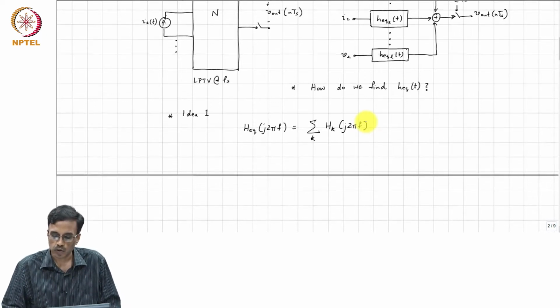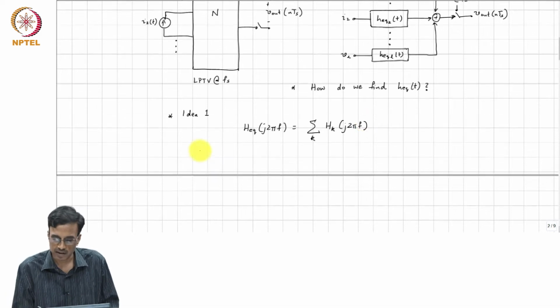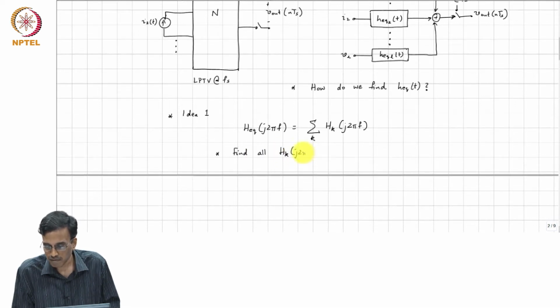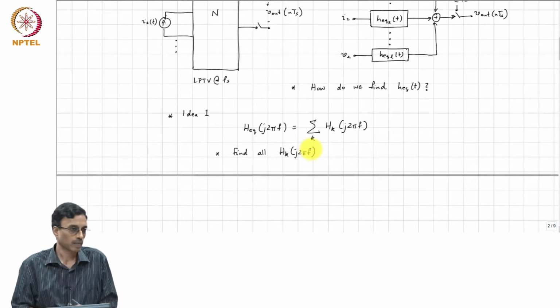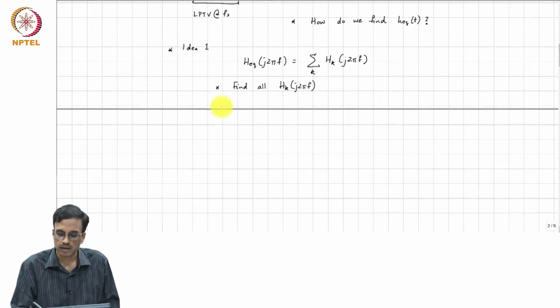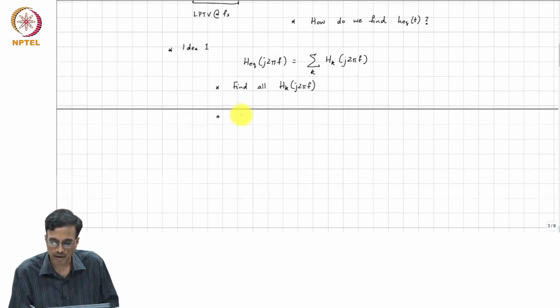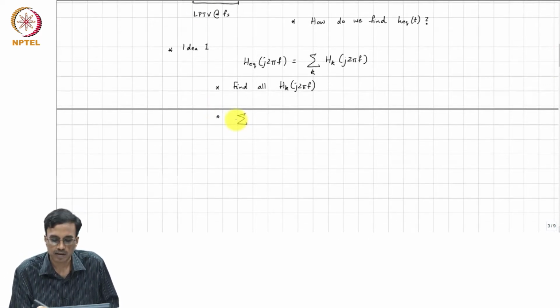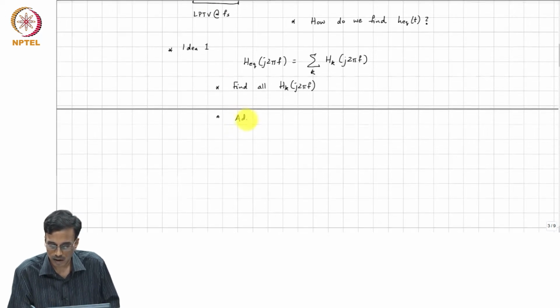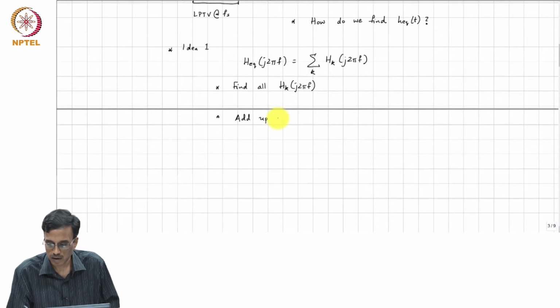So, this is basically suggesting: find all H sub k of j 2 pi f, and then add up all the H sub k's.